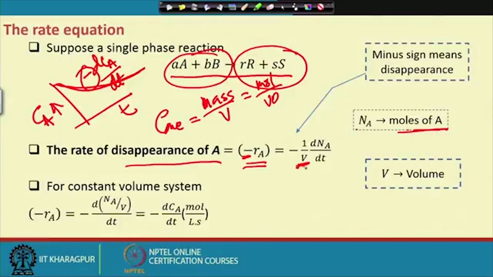V is constant, so it comes out, and this is expressed as dNA by dt into V. Again, we can express this in terms of concentration as minus dCA by dt. This is moles per liter per second.